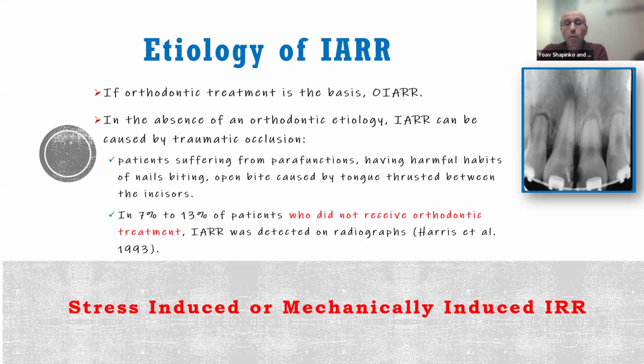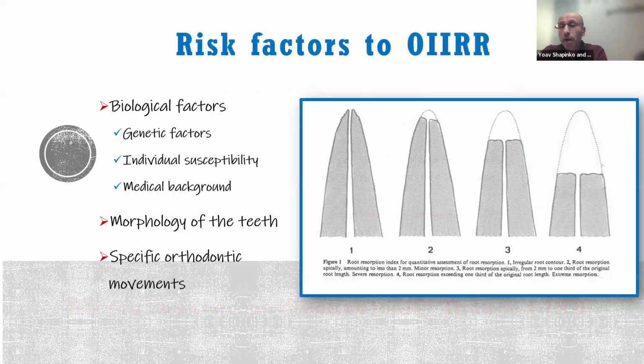For example, patients suffering from parafunctions or harmful habits like nail biting, or open bite caused by tongue thrust, may have almost the same side effects as orthodontically induced root resorption. That's why we can call them stress-induced or mechanically induced apical root resorption.